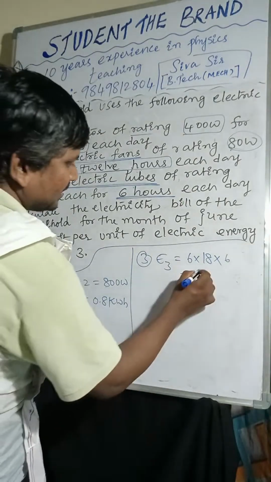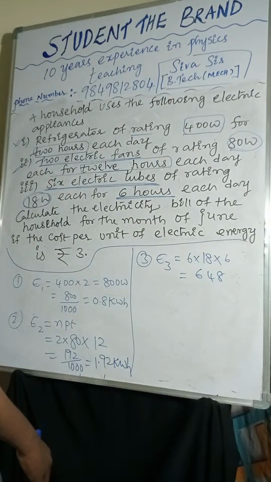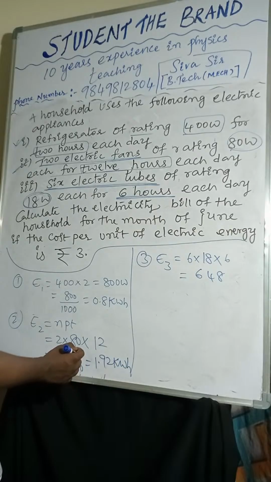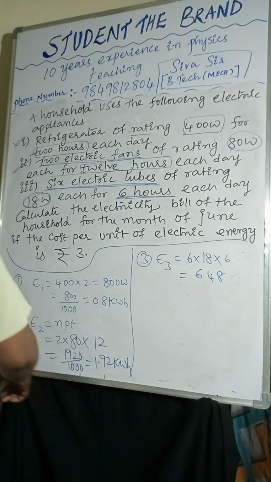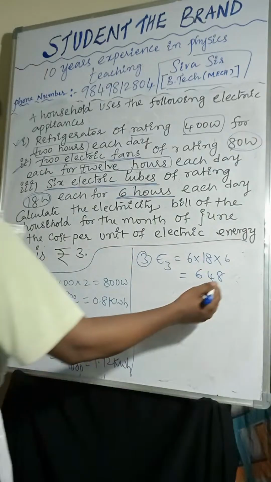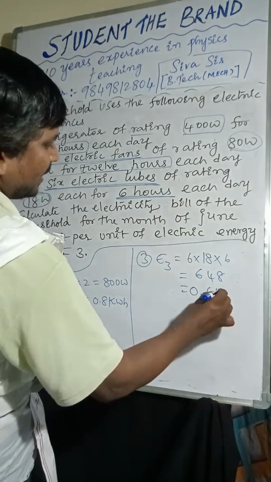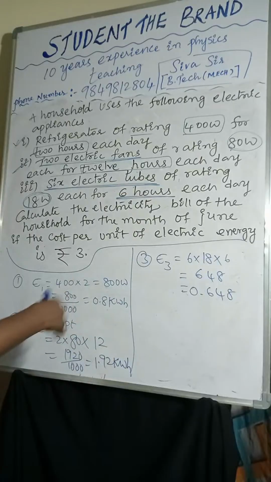Divide by 1000 and we get 0.648 kilowatt hour.